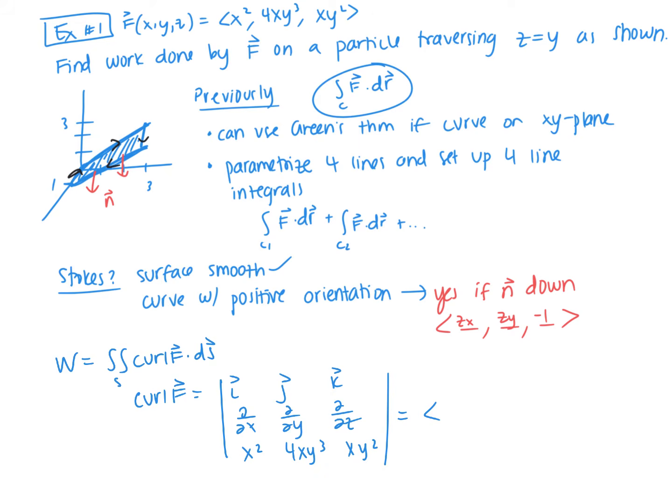So if we find the i component, we get 2xy minus 0, which gives us 2xy. For the j component, we get y squared minus 0, but then we have to flip the sign. And for the k component, we get 4y cubed minus 0, or 4y cubed.